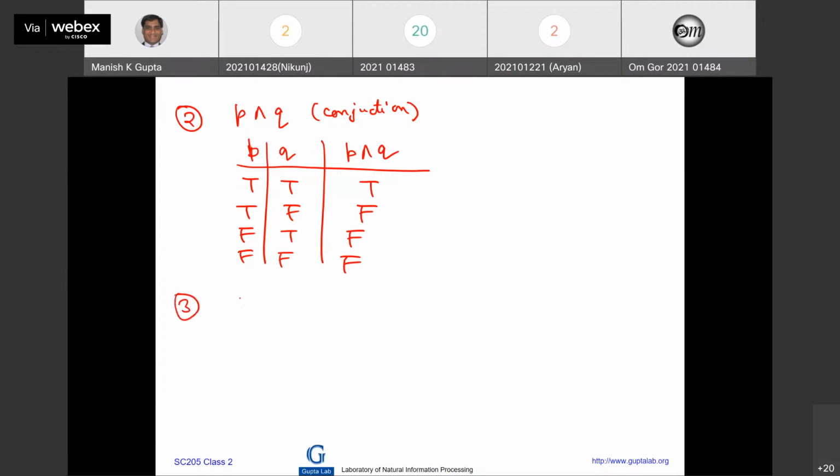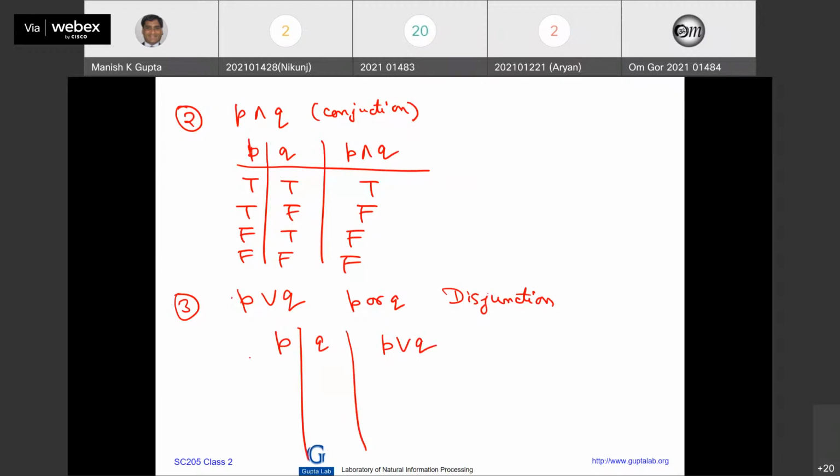Third operation, P join Q, or P or Q. This is also known as disjunction. So the truth table is P, Q. This is true, then this is true.